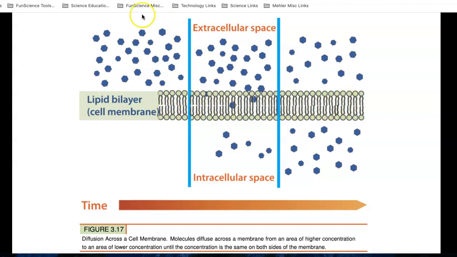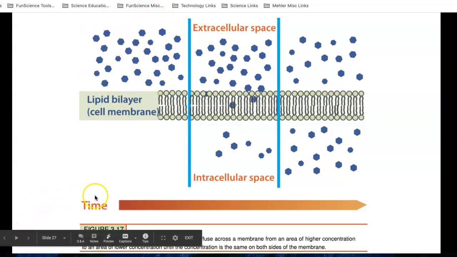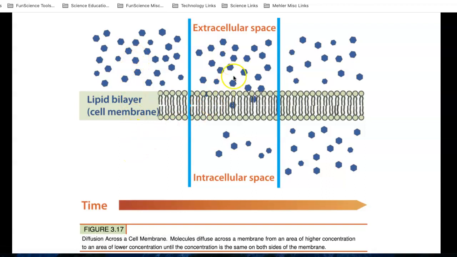And what they're saying is if we put some substance outside of the cell, that's what extracellular space means, because there's a high concentration outside and low concentration inside, over time the concentration inside and outside of the cell will even out. That's called equilibrium. So this is diffusion across the cell membrane. The cell doesn't use any energy for this.